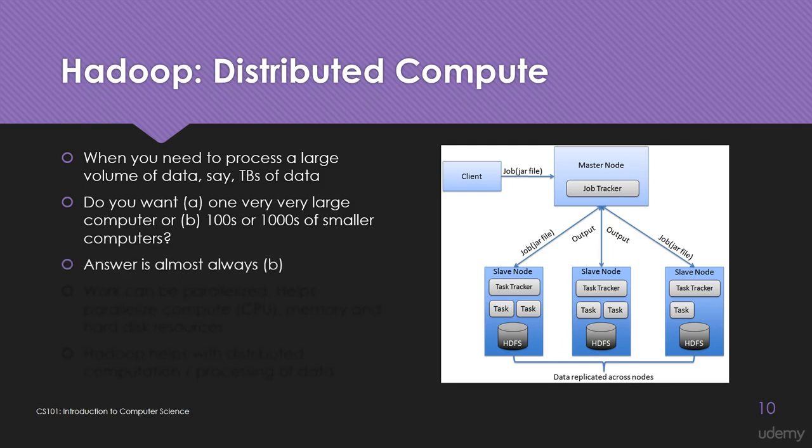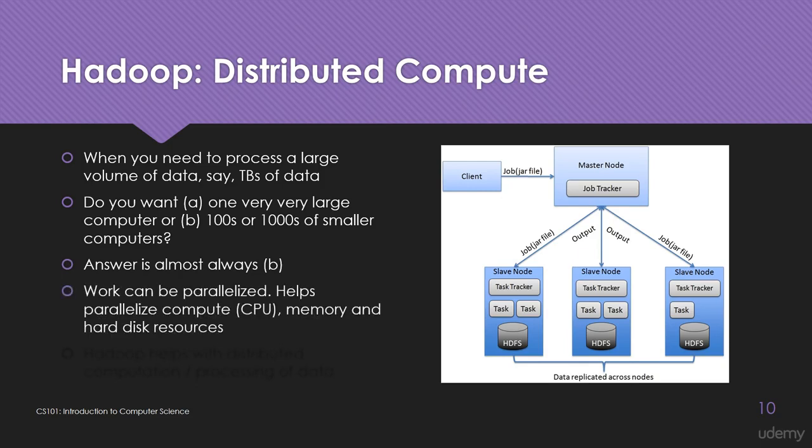The answer is almost always the second one. You would distribute this giant task across hundreds or thousands of smaller computers, because the work can be parallelized, and it helps to parallelize compute, memory, and hard disk resources. So you're not tied to growing one computer bigger and bigger to handle more data, but rather you distribute it across a whole bunch of machines, and those can more effectively process that data.